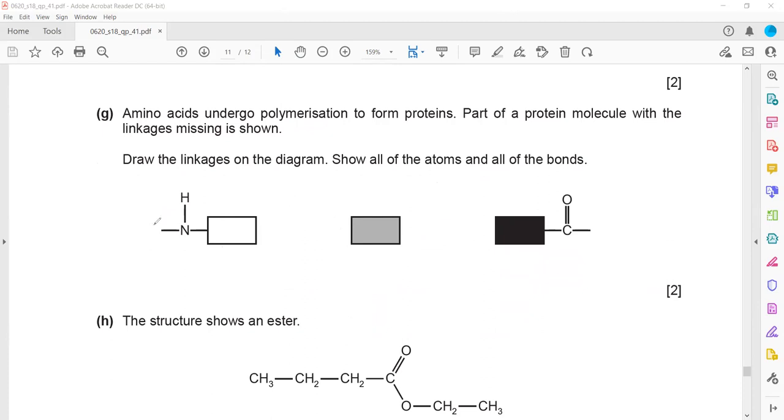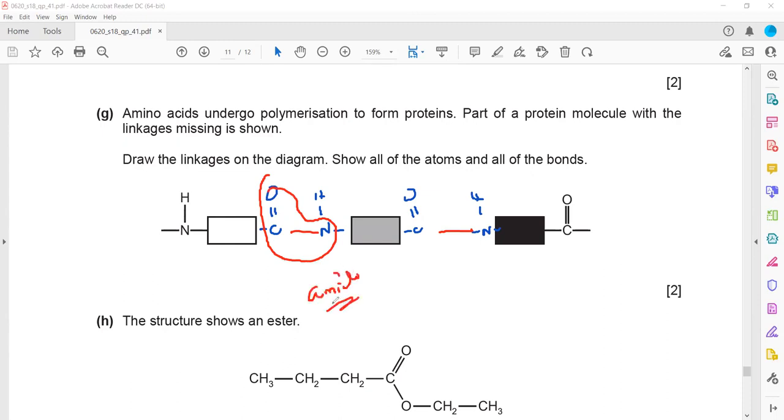But if it is a protein, one side has an amine group and the other side carboxylic, and they are linked with each other. This linkage or bond, we call it an amide or a peptide linkage.